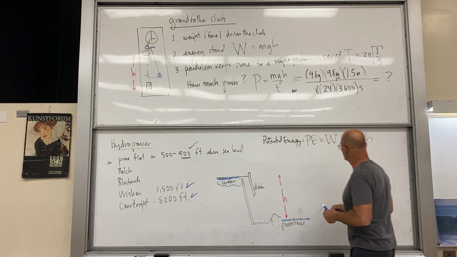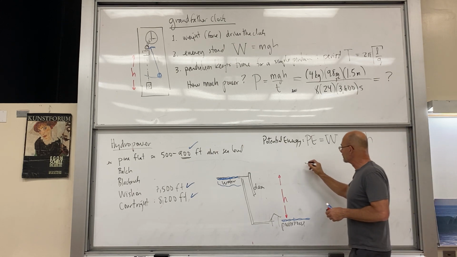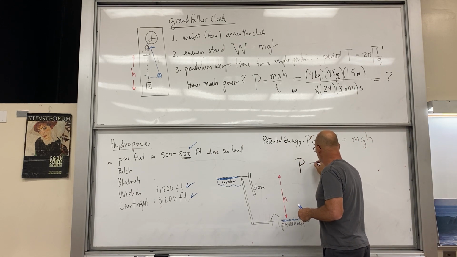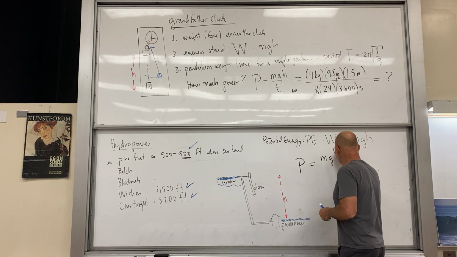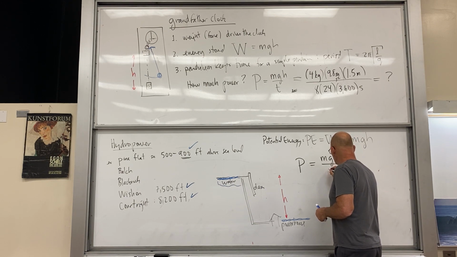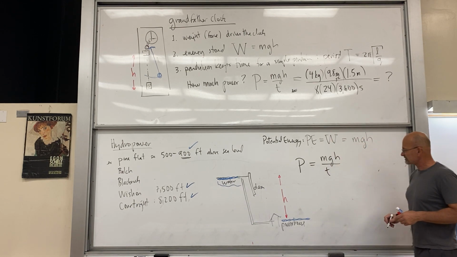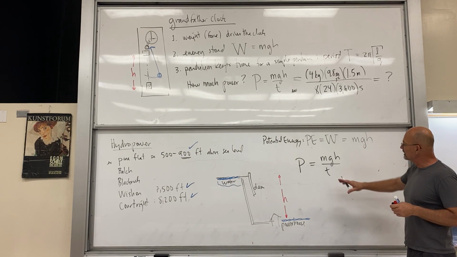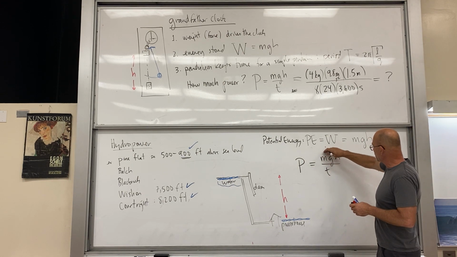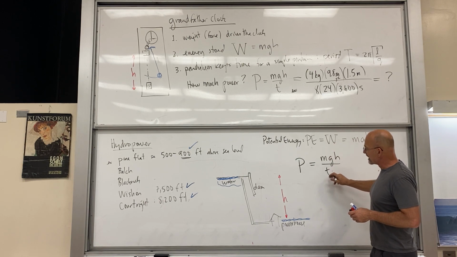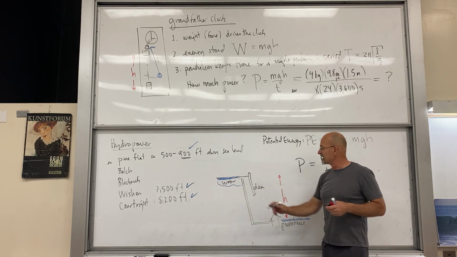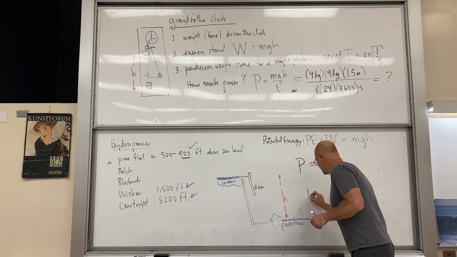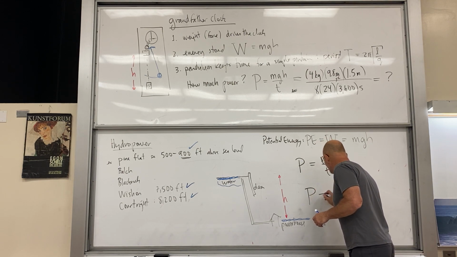of the water. And how does the power formula work? Same as the grandfather clock, mgh over t. But there's an interesting twist here. Now you could just say the power would be total mass times g times h divided by the time to drain the whole lake, but practically you don't always want to drain the whole lake.